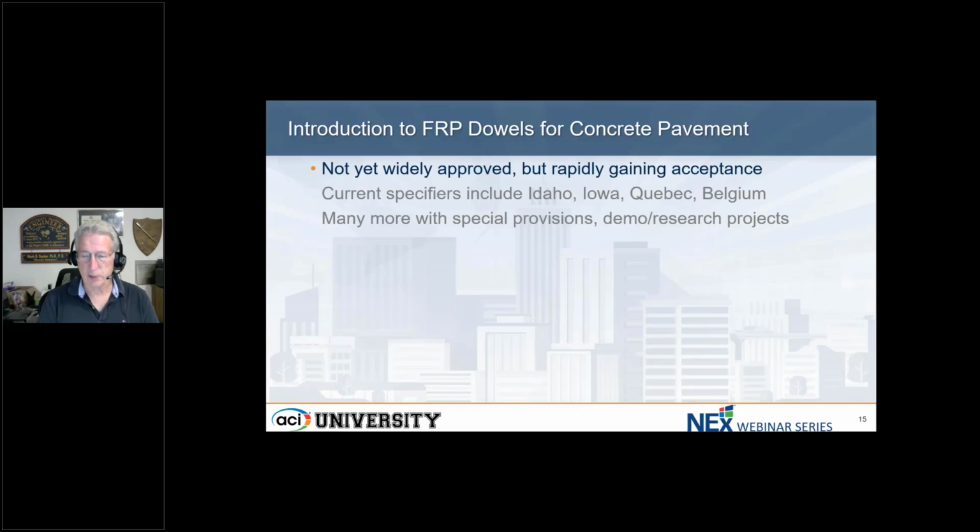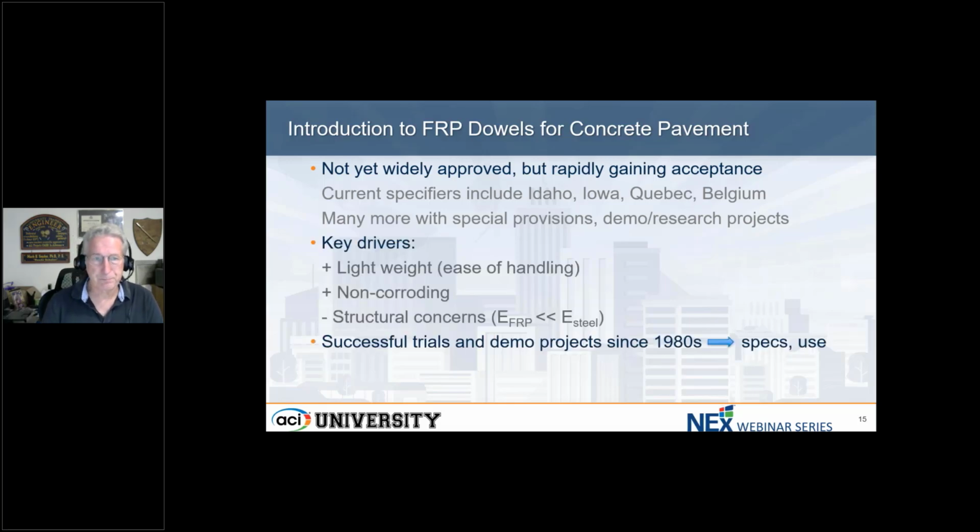Belgium also has standard specifications as well, so another country. But there have been a lot of projects built, and there are a lot of states and agencies that have special provisions and have constructed demonstration and research projects. So I suspect that those folks are moving rapidly towards incorporating them into their standard specifications as well.